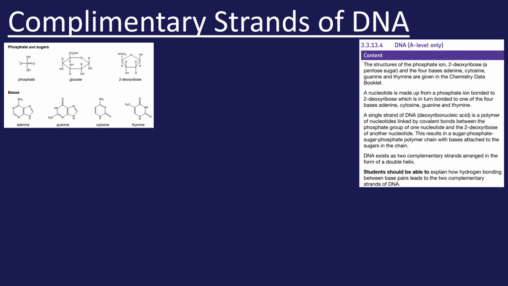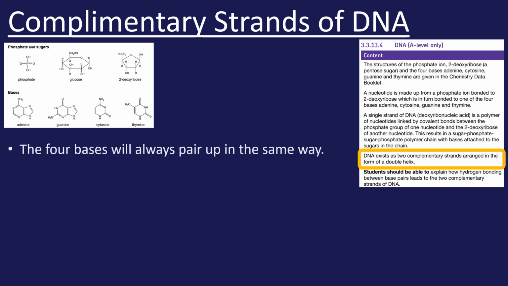Now, what do we mean by complementary strands? Because I've just talked about a single strand. Now, DNA is actually 2 strands that complement each other. So let's have a look at what we mean by this. These 4 bases, adenine, guanine, cytosine and thymine, they pair up, and they always pair up in the same way.